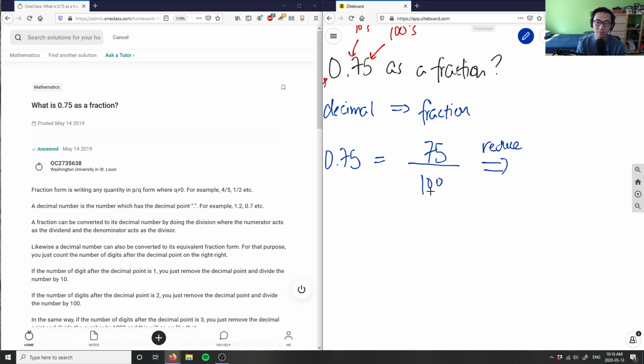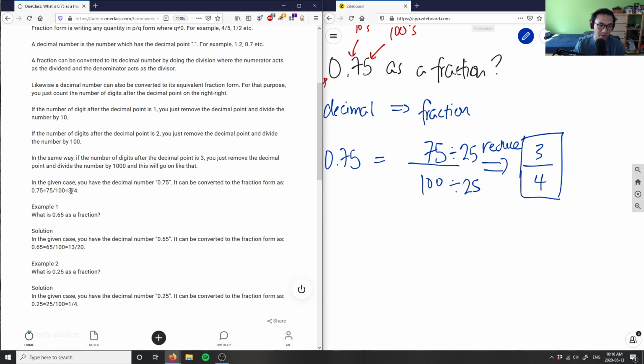The only reason I know this is because I'm thinking of this in terms of money. 3 quarters is 75 cents, and 4 quarters is 100. So I know that this here is divisible by 25. Therefore, the fraction here is 3 over 4. So 3/4 is 0.75 as a fraction reduced to lowest terms.